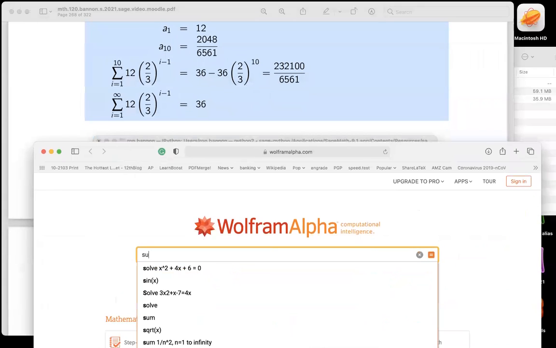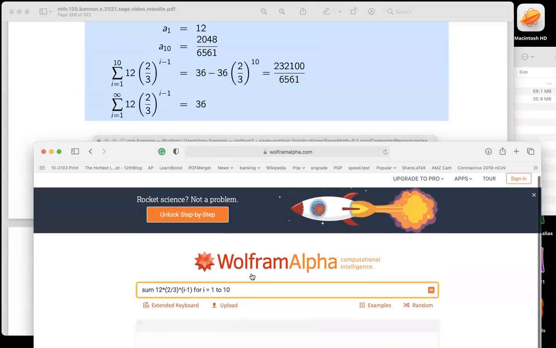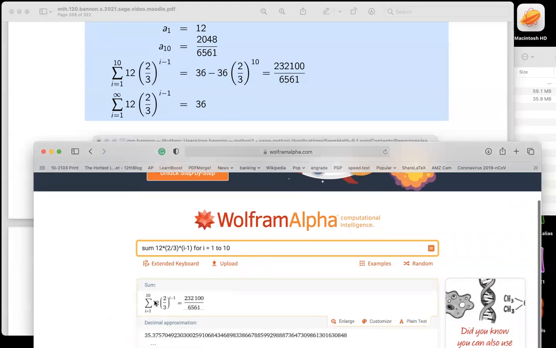So I'm going to say sum 12 times 2/3 raised to the power i minus 1, for i equals 1, 2. Well, I could do 1 to 10. Let's see what happens there. The one thing I like about Wolfram Alpha, by the way, is that it's actually going to typeset it for me. And it gives me the answer I'm getting over there.